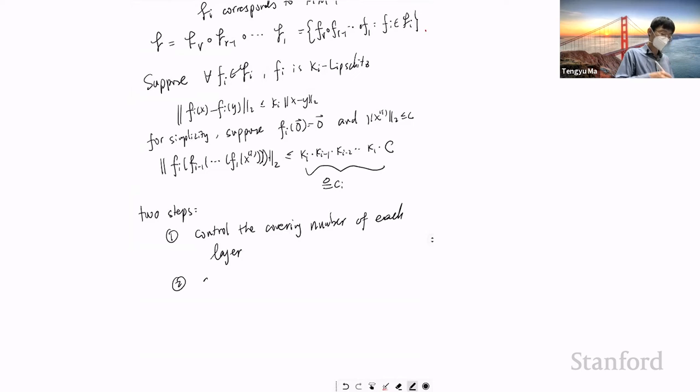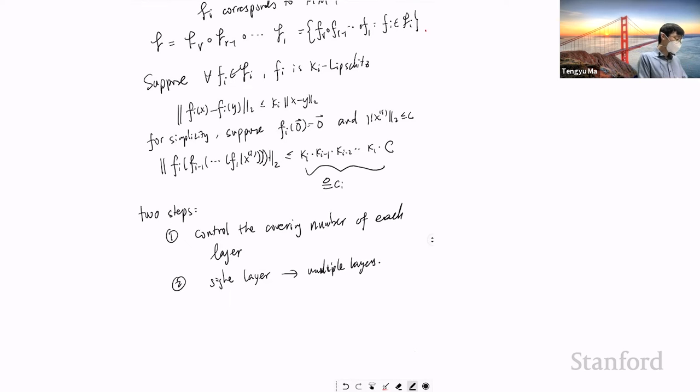You compose them, combine them together. So you have a lemma that turns a single layer covering number bound into a multiple layer covering number bound.